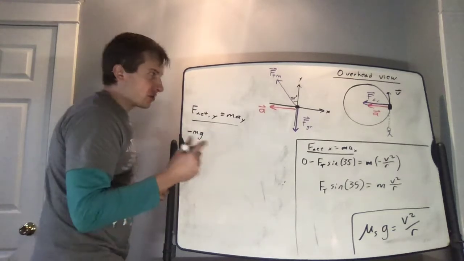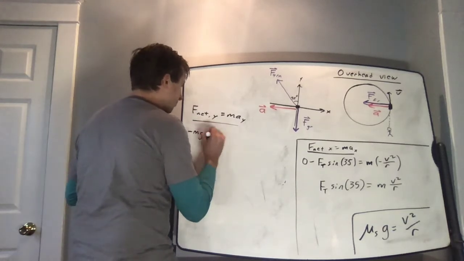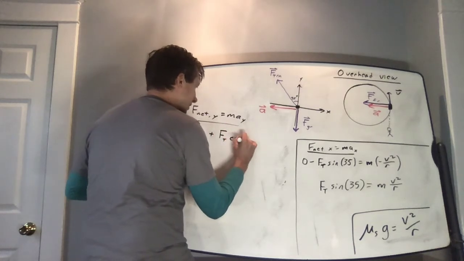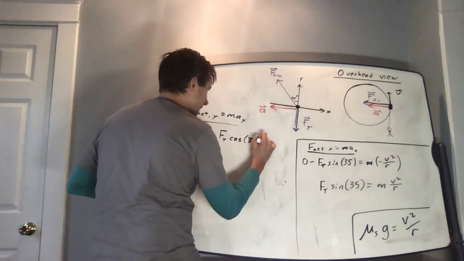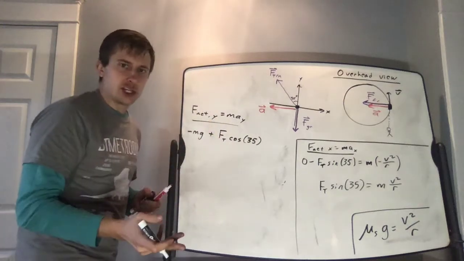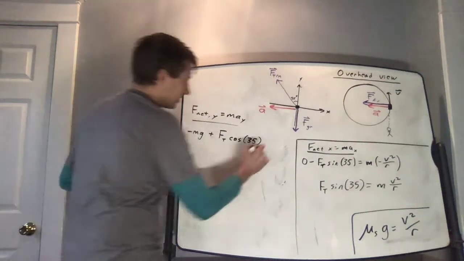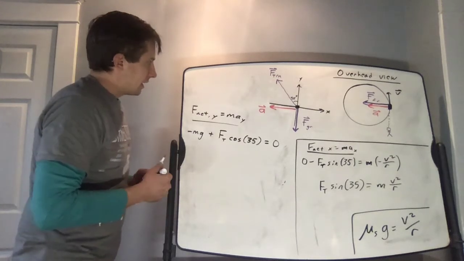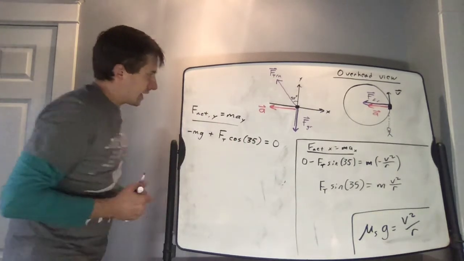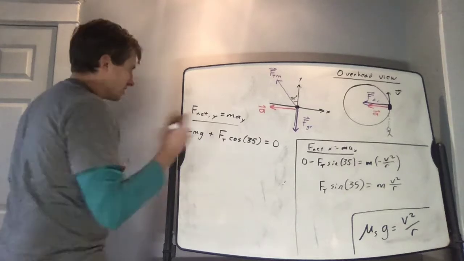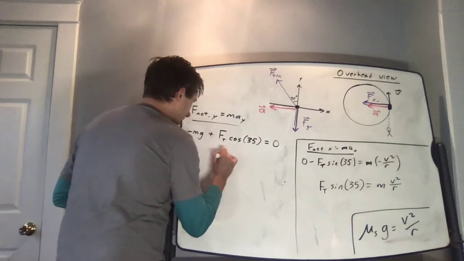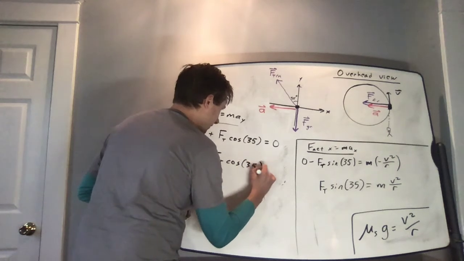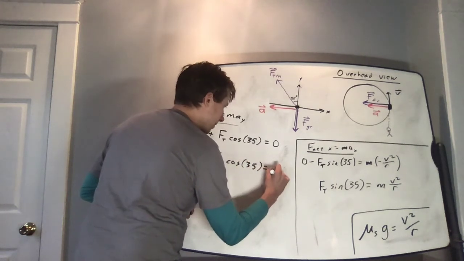The upward force of tension, I have plus Ft cosine 35. And the acceleration in the y direction in this picture is 0, so all that will be equal to 0. Now I am going to rearrange this equation to read Ft cosine 35 equals little m times g.